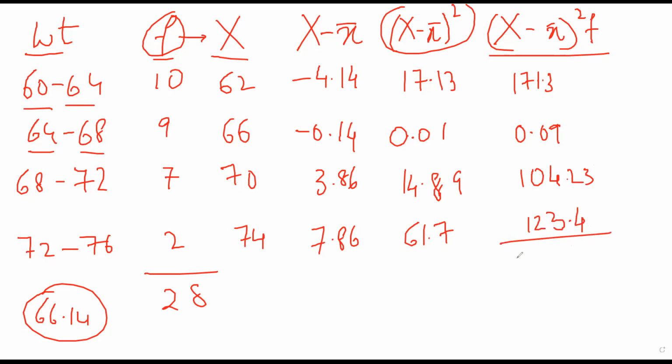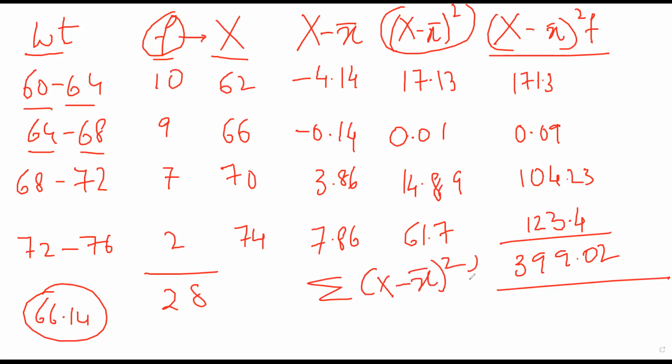Add up all of these values, you will get 399.02. This is your summation of capital X minus small x bar whole square into f. The last thing you'll do is divide this value with sigma f.